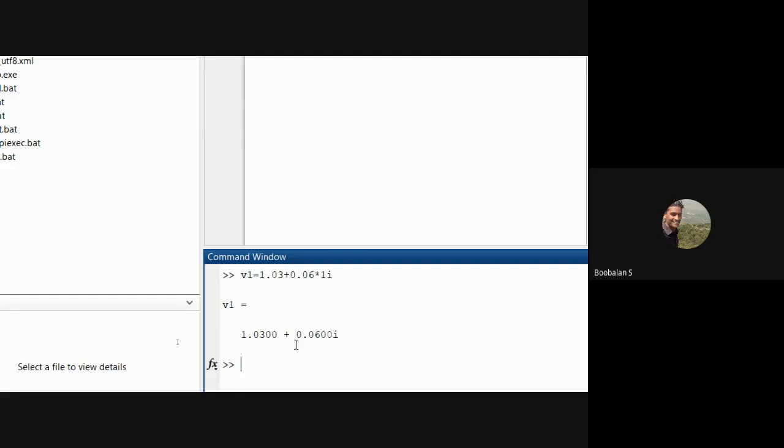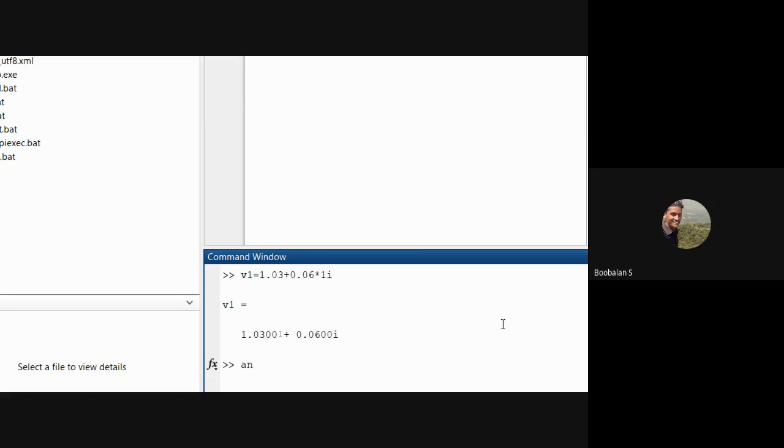We need to calculate the angle for this V1. It will be in radians, and we need to convert it into degrees. Normally MATLAB gives the result in radians, so for that purpose we need to use a formula.